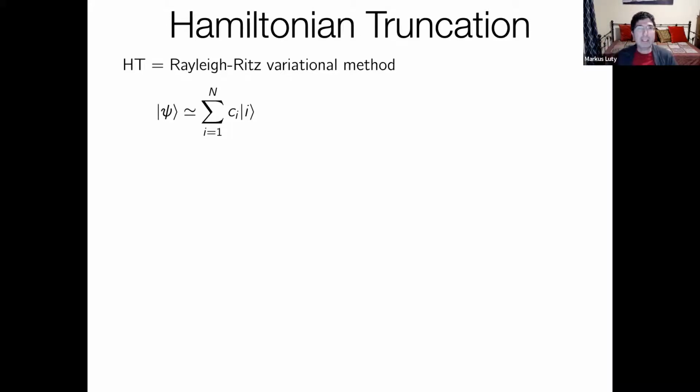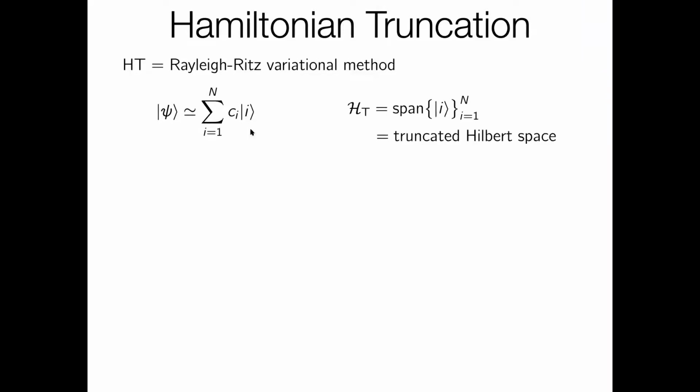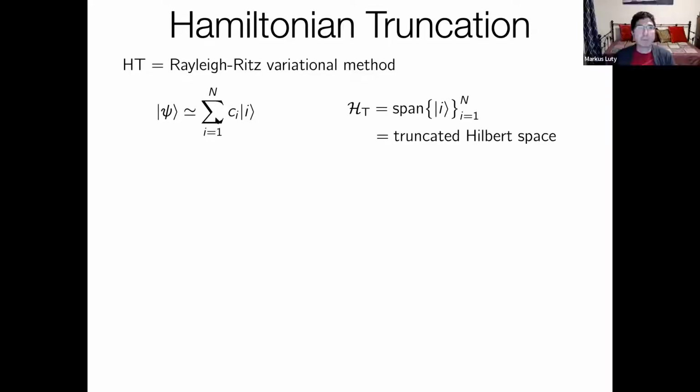You choose some basis of states, which I call here I. You guys can see my cursor, I believe, right? So you have some states I. The Hilbert space is infinite dimensional, but you truncate it by just keeping n states, okay?